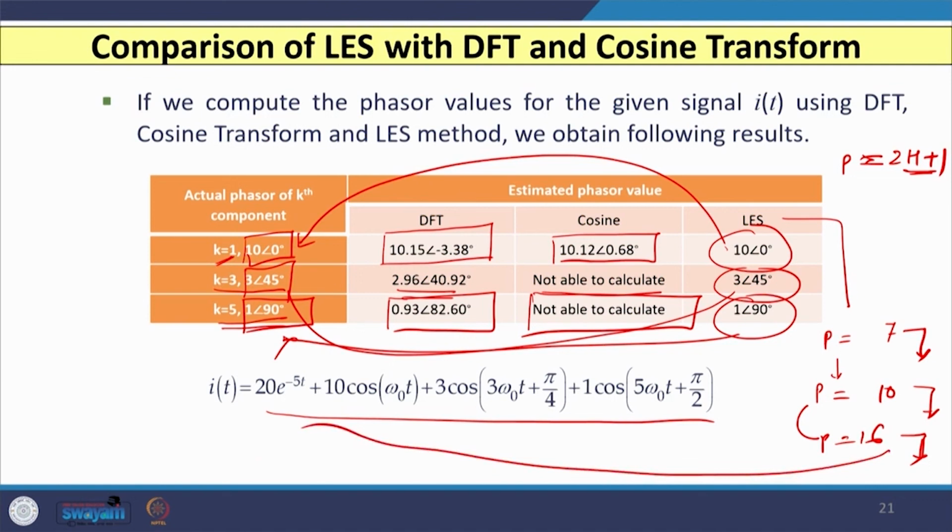After that we discussed the impact of the decaying DC component, and how the LES performed compared to other algorithms like DFT and cosine transform, and we observed that LES performs better when a decaying DC component is present in the acquired signal compared to the DFT and cosine transform. So, thank you.